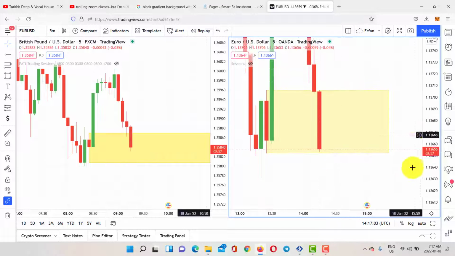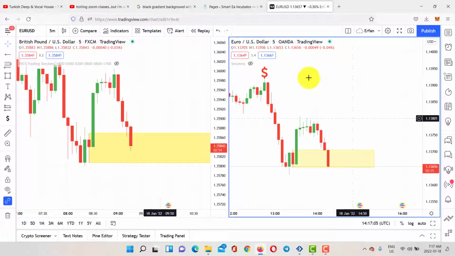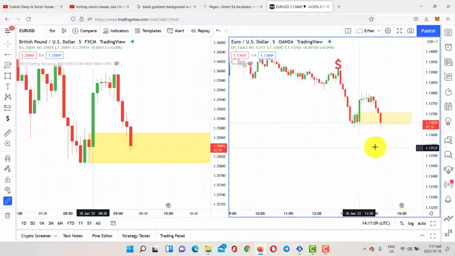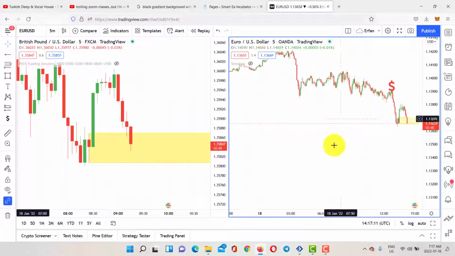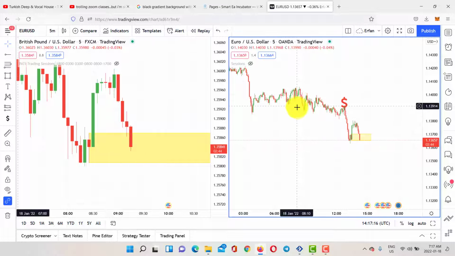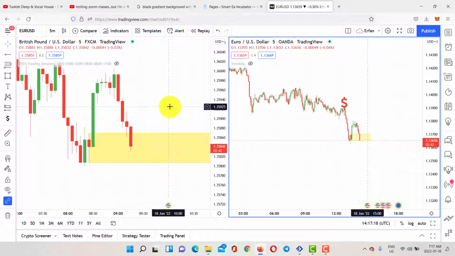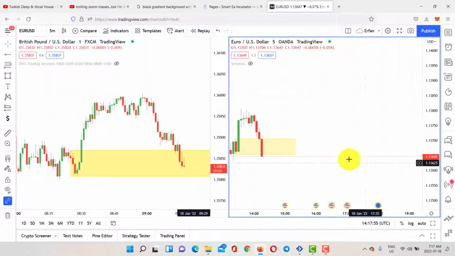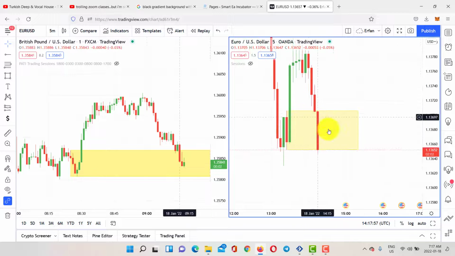Very close. But again, the market just keeps leaving gaps. So there's a point where we need to see a reversal to go up and fill in all these gaps right here. And again, the same thing is exactly happening here. Let's see what happens. Okay, so EURUSD just blasted into this order block.